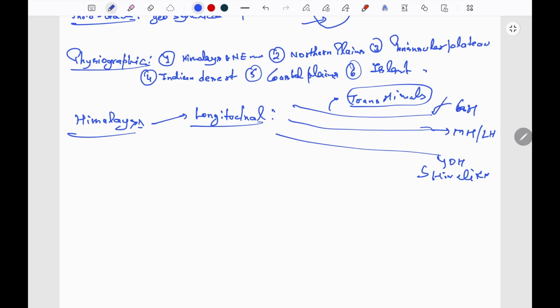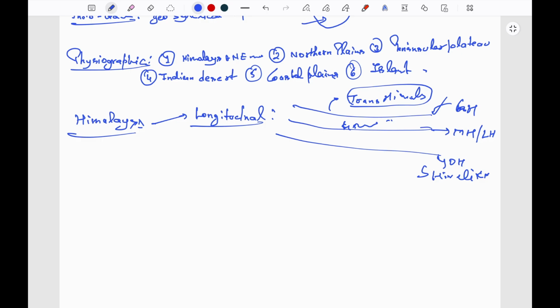Now comes the Middle Himalayas or Lesser Himalayas. Their average elevation is lesser than the Greater Himalayas. It is somewhere around 4,500 meters, and it contains major hill stations or tourist destinations like Kashmir, Kullu, Manali, Shimla, Mussoorie.